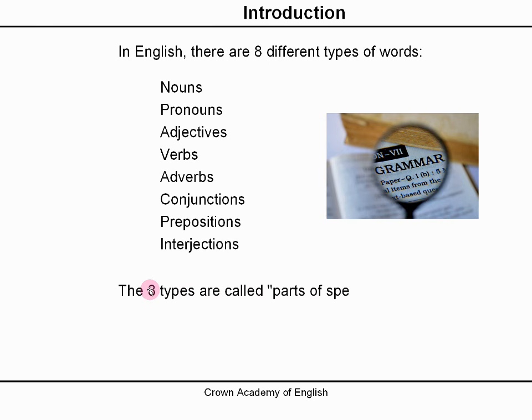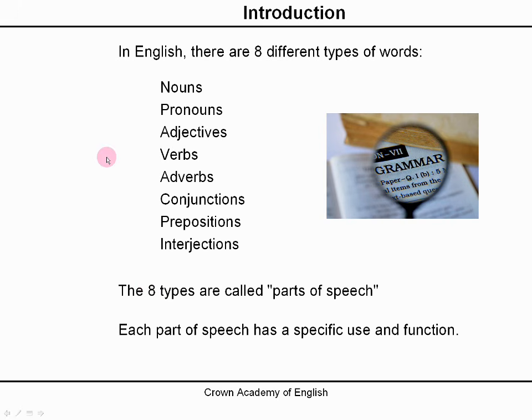And the 8 types are called parts of speech. And each part of speech has a specific use and function. And in this lesson, we will look at each of the parts of speech.